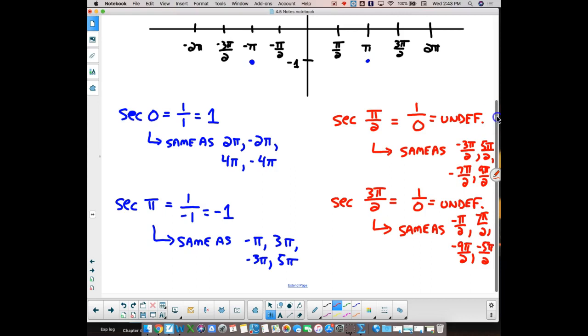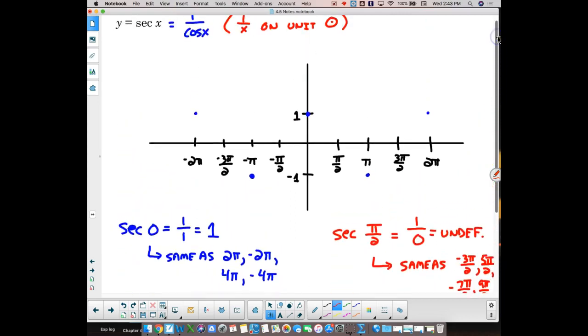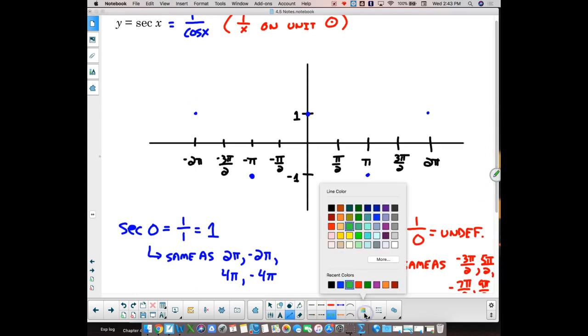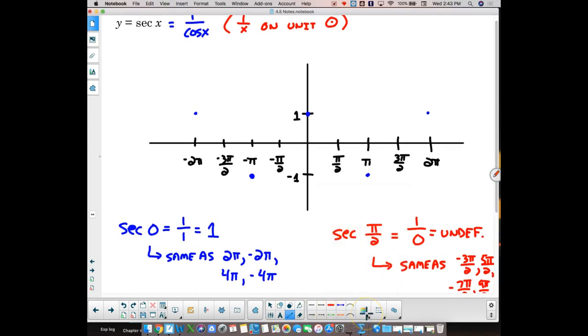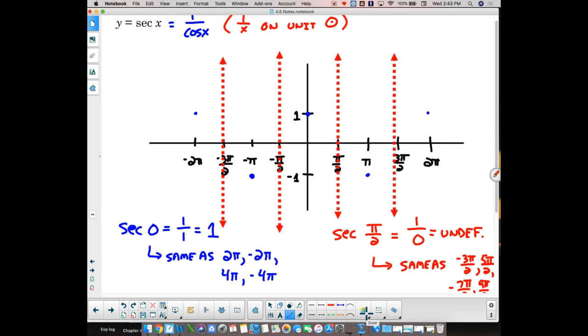So we still have vertical asymptotes. Throw it there, right?